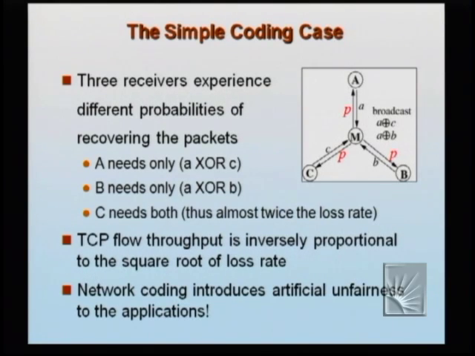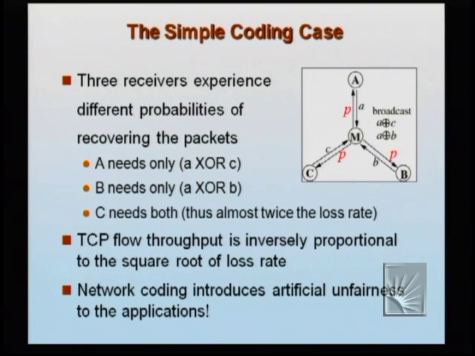And B needs only A XOR B in order to recover A. And C needs both. So if there's a loss rate P on the outgoing link, C will experience almost twice the loss rate. Okay, does it affect the application performance?